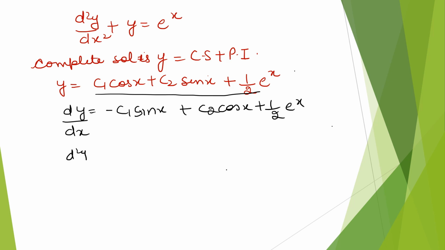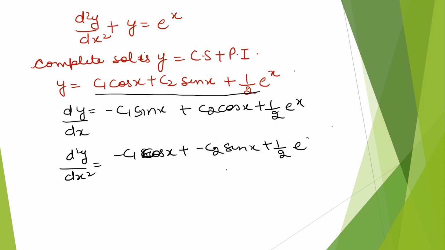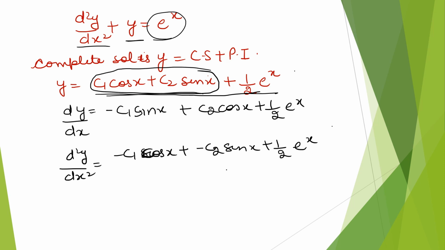D square y over dx square will be minus c1 cos x minus c2 sin x plus 1 by 2 e power x. Now if you substitute this value here and y here, you will get e power x. But if you put this complementary solution and particular integral separately, for the complementary solution you are going to get 0, and if you substitute the particular integral, you will get the right hand side.